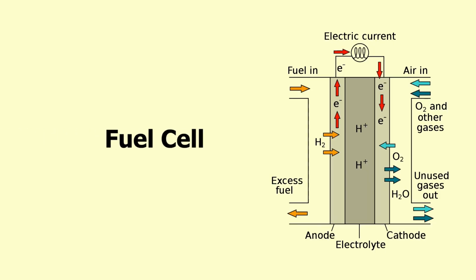Now let's discuss a bit about fuel cells. A fuel cell is a device that uses hydrogen and oxygen to create electricity by an electrochemical process. A single fuel cell consists of an electrolyte sandwiched between two thin electrodes. Hydrogen or a hydrogen rich fuel is fed to an anode where a catalyst separates hydrogen's negatively charged electrons from positively charged ions.